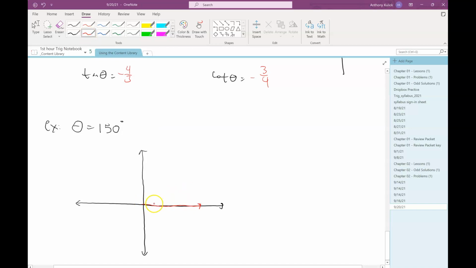So 150 degrees, let's see, so that's 90 and like 60 more. So it'll put me kind of over here, right? So far, so good? Okay. We'll make ourselves a right triangle. Actually, let's use a different color.